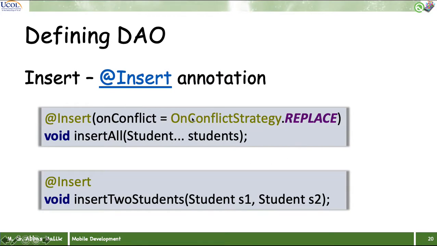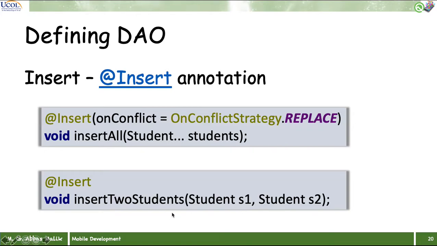But here we are saying that if there is a conflict, such as this student ID already exists, and we are trying to insert a record for the existing student ID, the OnConflictStrategy.REPLACE means that the new record replaces the previous one. That is not the normal behavior, that is the overridden behavior.